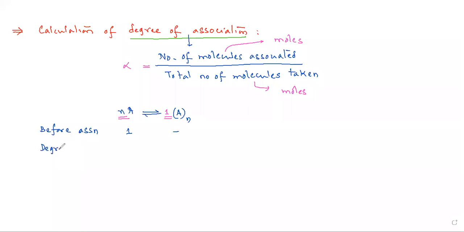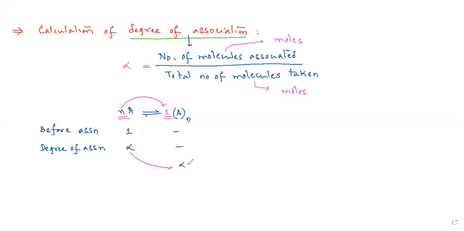Degree of association, let this be alpha. See, for n, if it is 1, for alpha it would be alpha into 1 by n, isn't it?